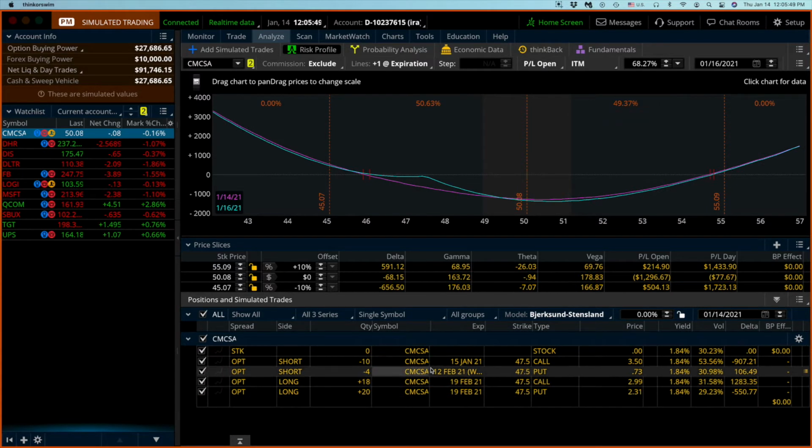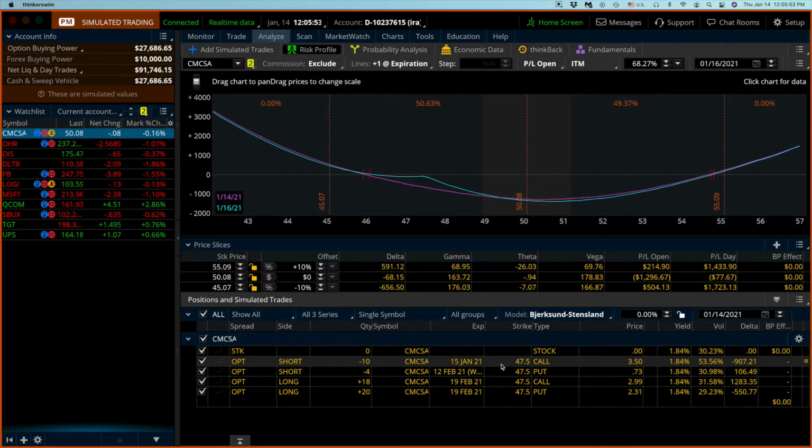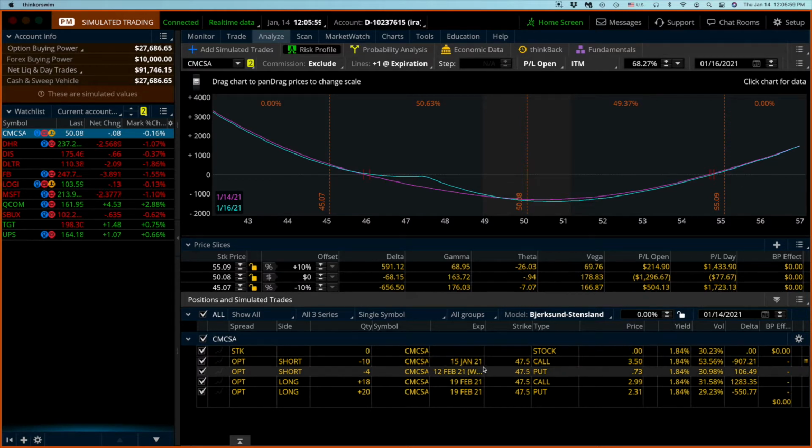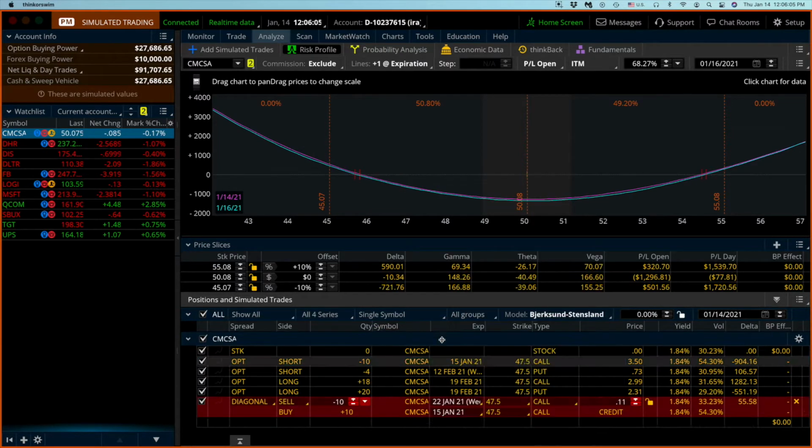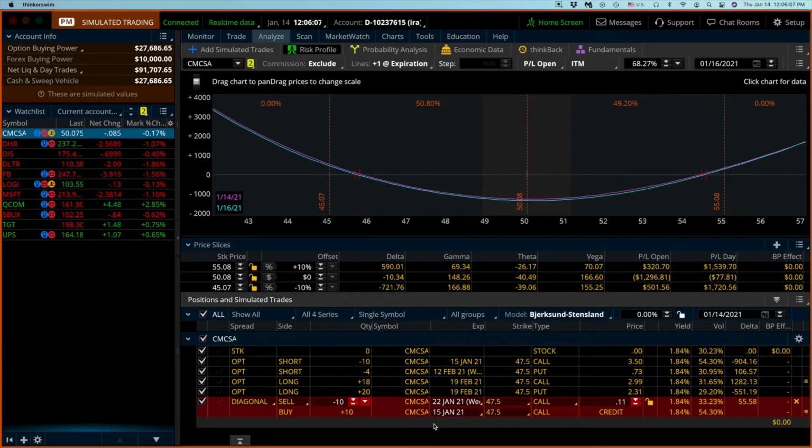And we see here January 15th, 47 calls, and that's due to expire tomorrow. So we need to do the rollover, and we're going to do it to February the 12th. Very simple. Analyze rolling. And doing that will neutralize my delta, making it slightly negative.